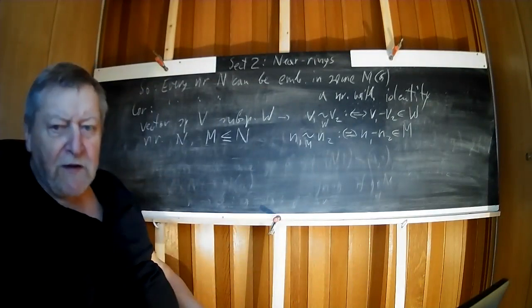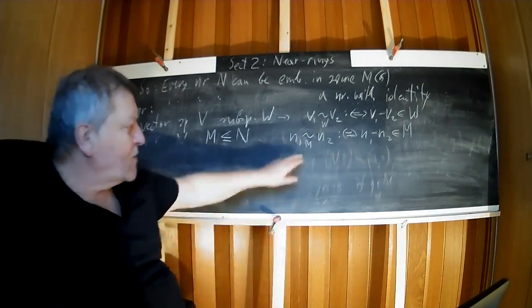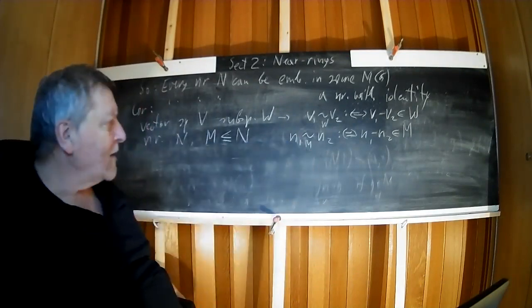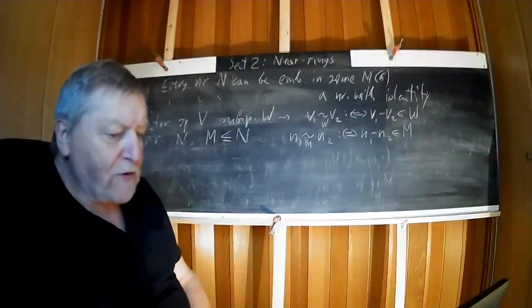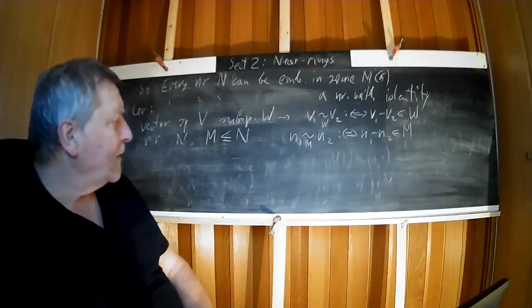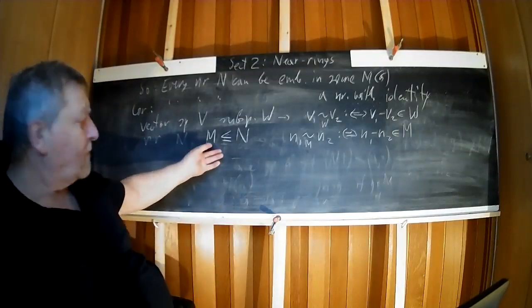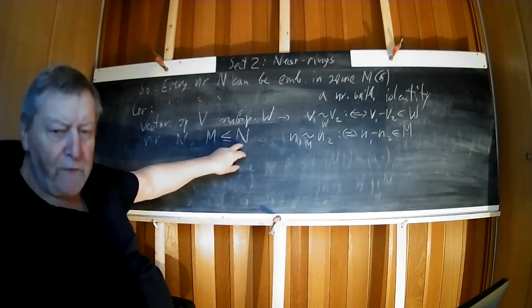The more interesting question is: is this relation compatible with the near-ring addition and the near-ring multiplication? Compatible with the near-ring addition means that we have the same situation as we might think back of in group theory with a subgroup of a group.